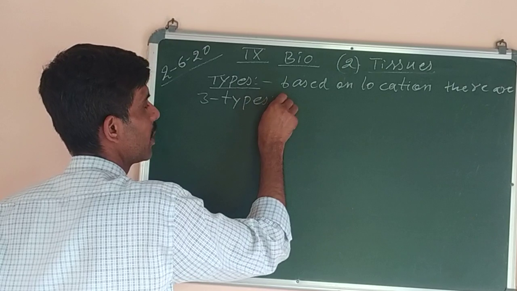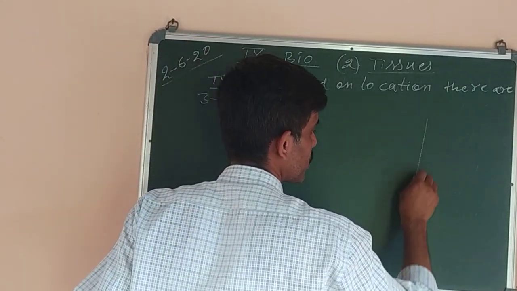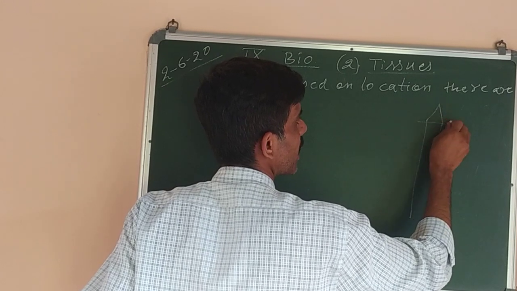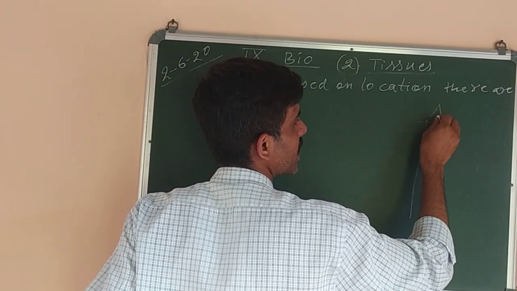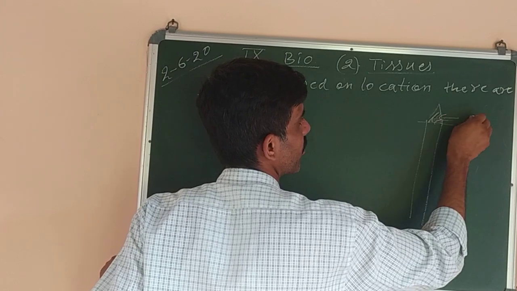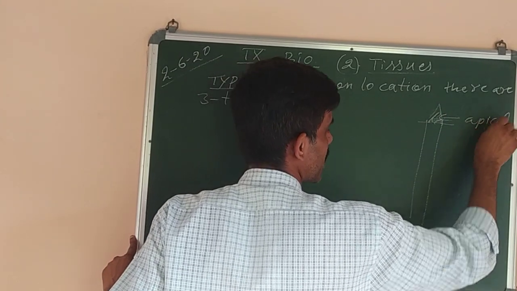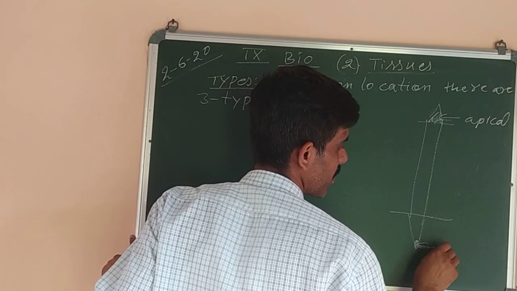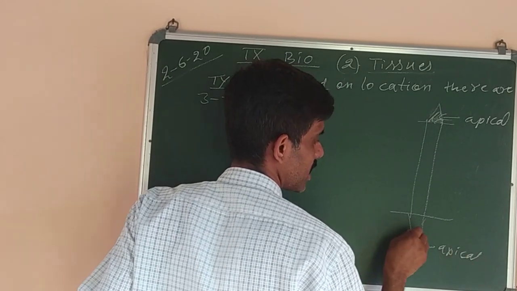I will show you with the help of a diagram. If you take this as the plant body, the meristematic tissue present at the tip, this part, is called apical meristem. If it is present at the tip of the root also, this is called apical meristem only.